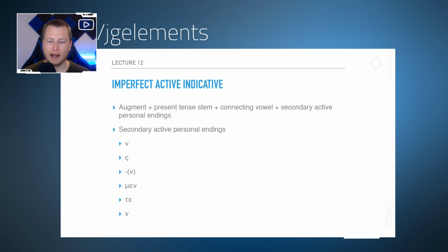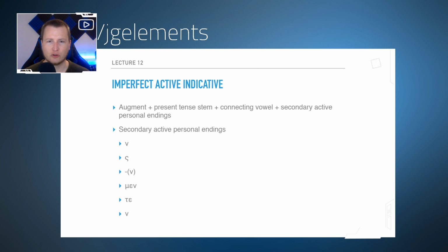So, how do you form it in Greek? It has an augment. What in the world is an augment? It's the addition of a vowel. Now, if a word begins with a vowel, then it will take that vowel and augment it.